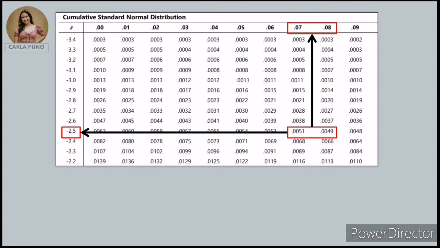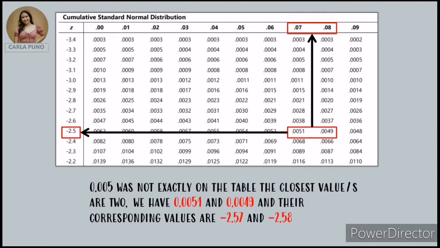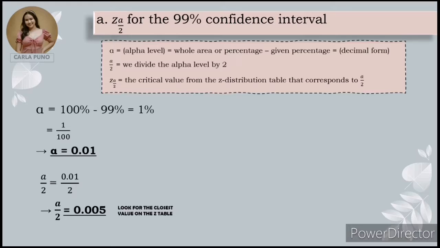We have two closest values for our 0.005. 0.005 was not exactly on the table. Therefore, the closest values are 0.0051 and 0.0049, and their corresponding values are negative 2.57 and negative 2.58.